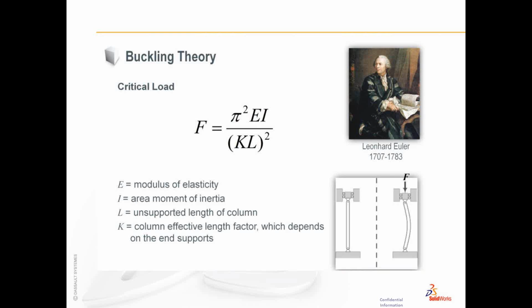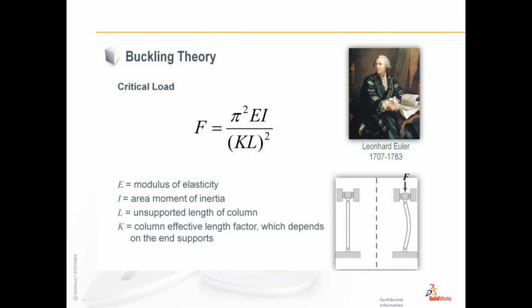So buckling theory first came to be back in the mid-1700s by a Swiss mathematician, Euler, who derived this critical load or buckling calculation to determine how a structure tends to buckle, or reach its critical load that would cause the onset of buckling, in relation to different characteristics about the structure.